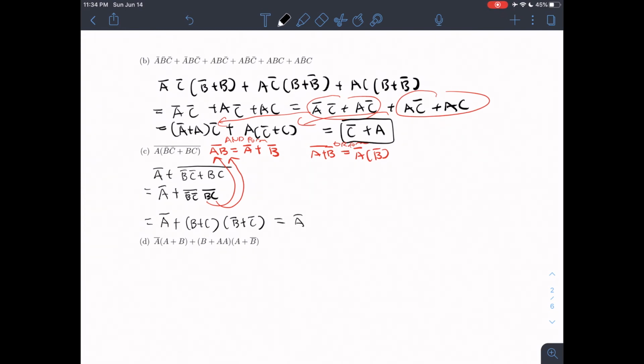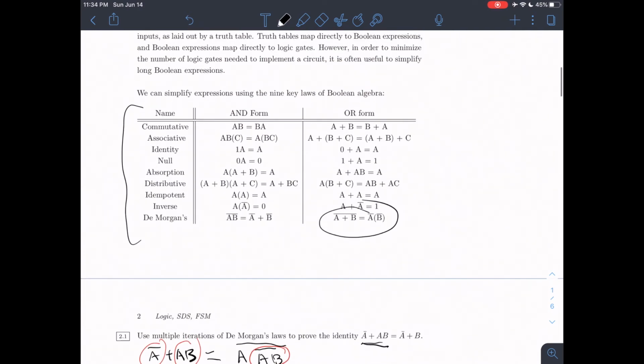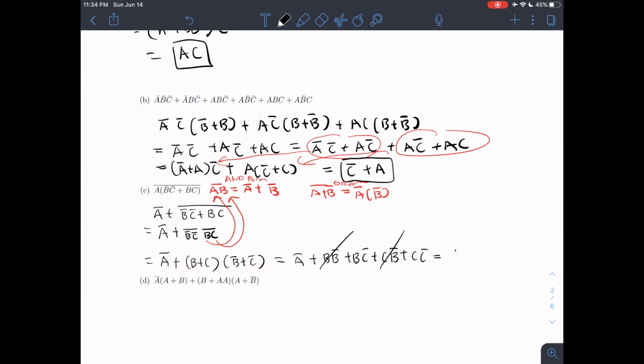Not A plus B, not B plus B, not C, plus C, not B plus C, not C. And this is all equal to 0 according to this law. So we're going to end up with not A plus B, not C, plus C, not B.